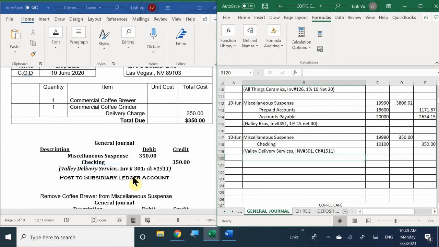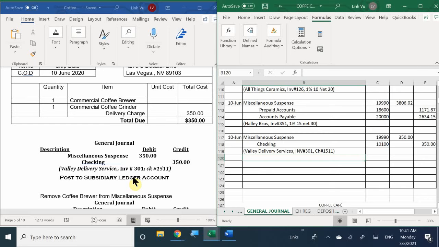Now I'm actually going to remove the coffee brewer because in this case I don't have anything additional that I need to place into service. It's already done, it's already ready to go. Only the grinder has the foundation and the electrical work that needs to be done. So in this case, my coffee brewer is ready for service.